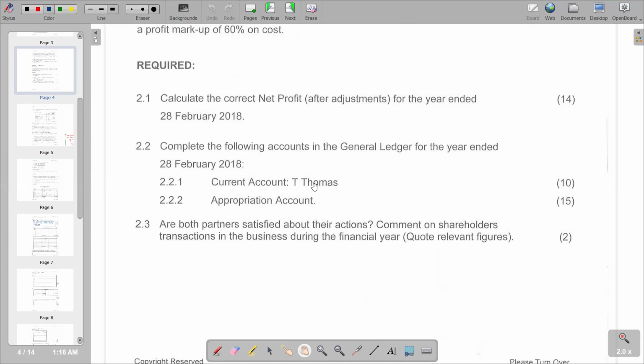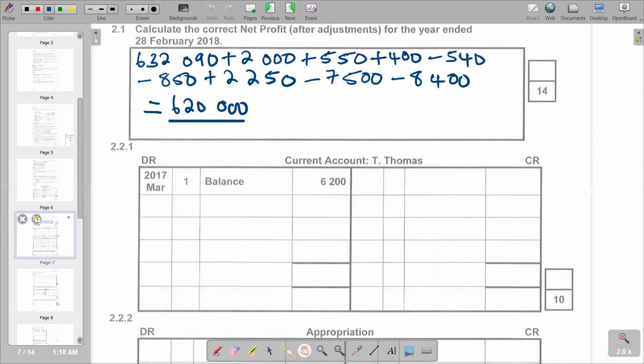So we are just going to go about that layout. We go to our answer section again, and this is our current account. We have got the opening balance pre-entered, which means all the entries that are going to follow are going to be at the end of the period, which is 2018.